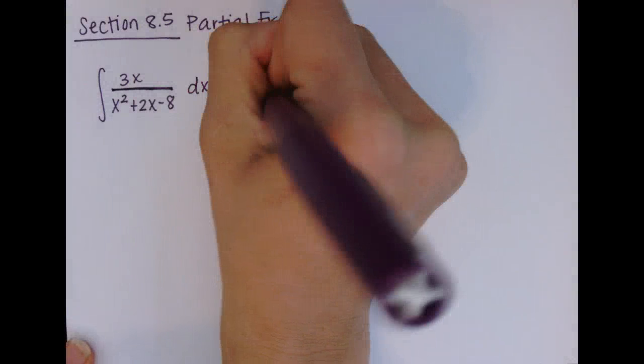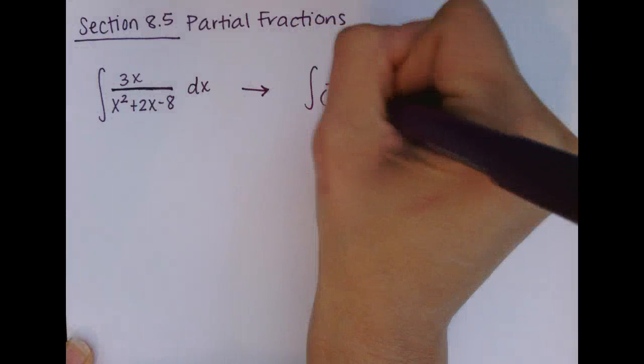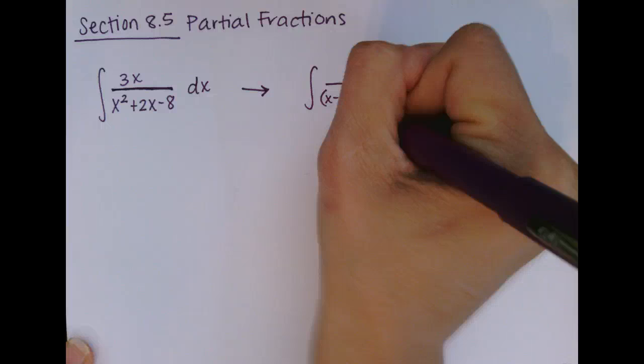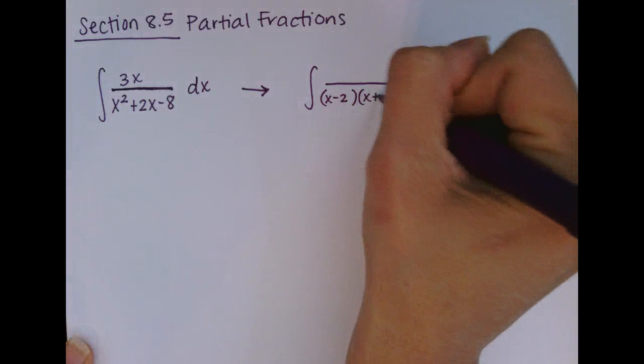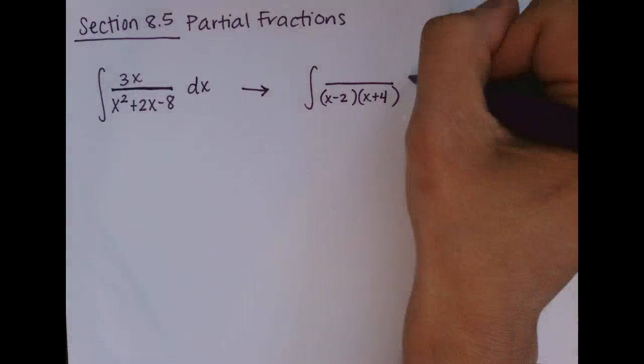So one of the things that we can do here is that we can factor that denominator. We previously looked at a method where we would use completing the square, and that can be tricky, most definitely.